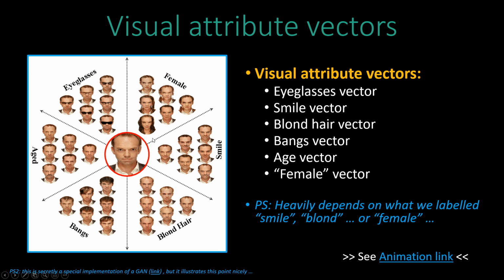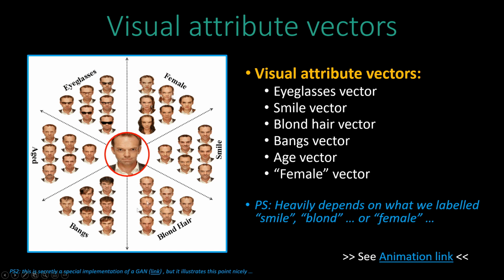This is a purely visual dataset, and this has been trained on some faces, and I'm not the one who chose these categories, but there are other categories like an eyeglasses vector, a smile vector, blonde hair, bangs, an age vector, and also something which is called a female vector.